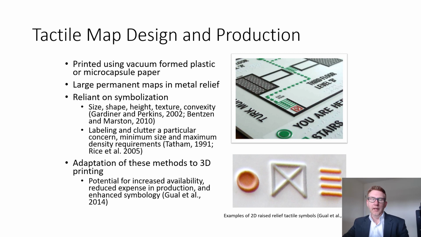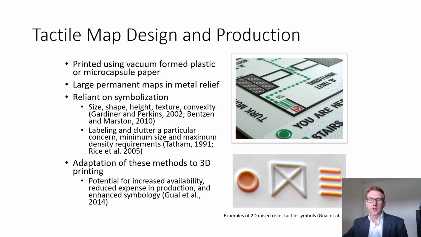The whole field of tactile map design is an interesting one. There's a long history of this. This has been around for a couple of decades. People used to use vacuum form printing to make these. They can include Braille as labels, but in a lot of cases they're actually reliant on what can be fairly complex symbolization. So at the bottom image here you can see examples of three different kinds of point labels, or point features, I should say, to represent different things.